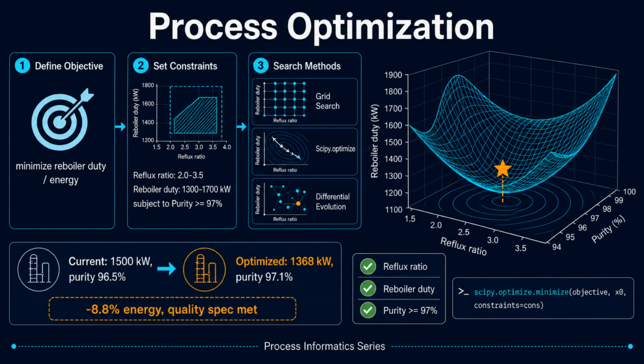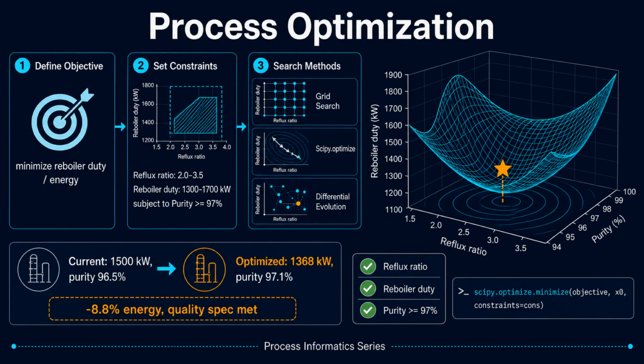With a validated model, we can optimize operating conditions. Define the objective. Minimize energy, that is reboiler duty, subject to purity staying at or above 97%. Search over the 2 operating handles, reflux ratio between 2.0 and 3.5, and reboiler duty between 1,300 and 1,700 kilowatts.